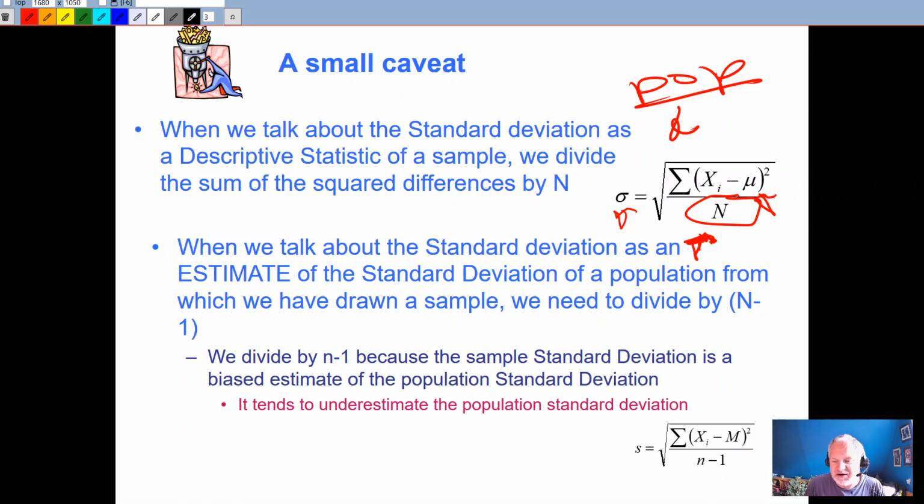On average, it'll be smaller than my true population standard deviation. So to make my sample standard deviation an unbiased estimate of the true population standard deviation, I divide by n minus 1. And the n minus 1 is a correction for the inherent bias.